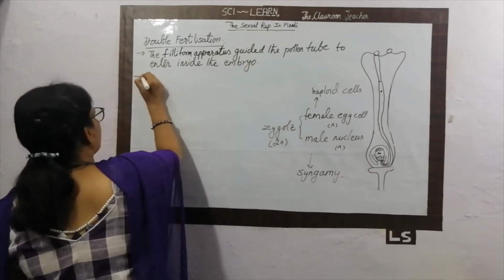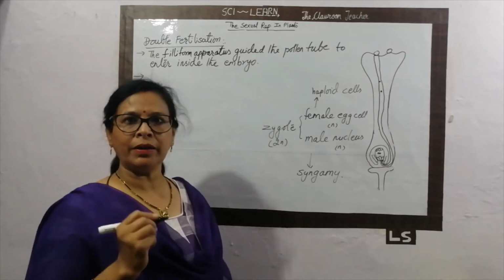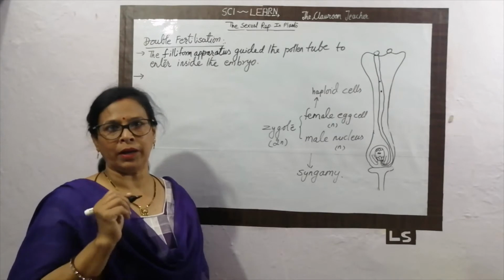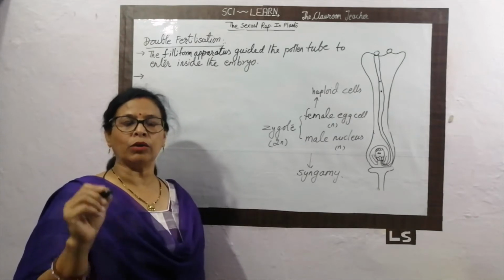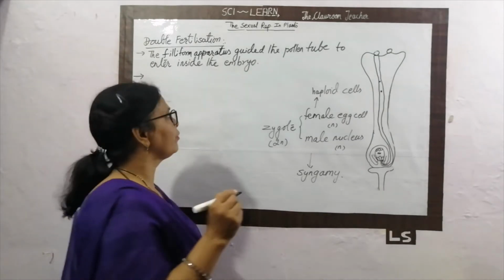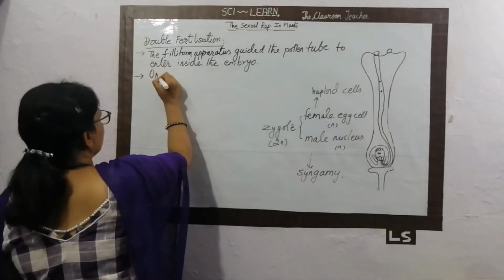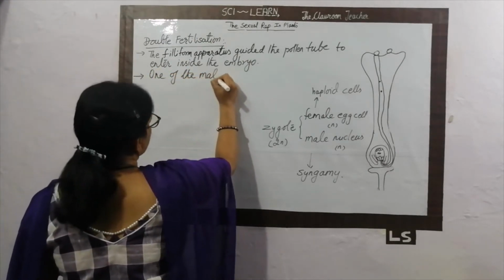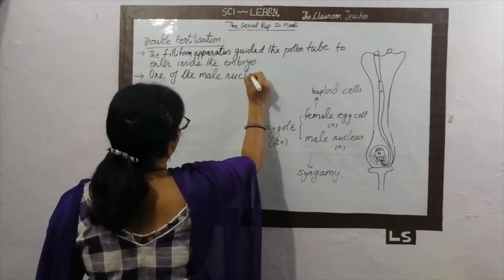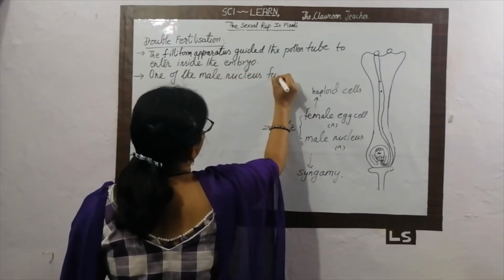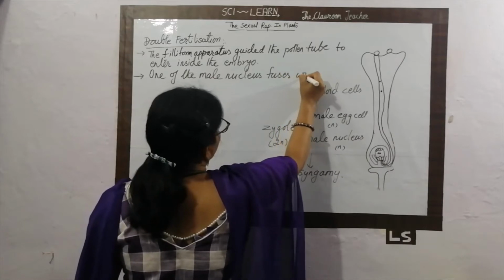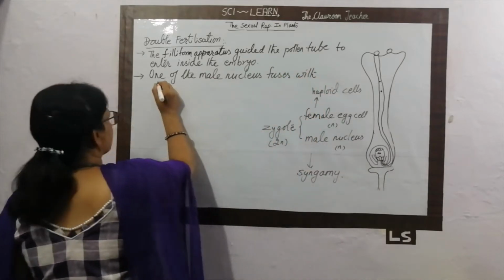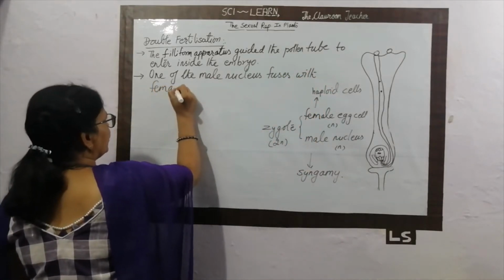Okay, now what happened next? The male gamete reaches up to the female gamete. One of the male gametes, or male nuclei, fuses with the female egg.